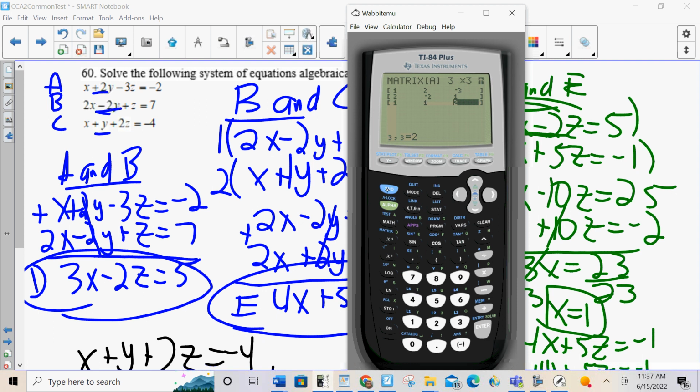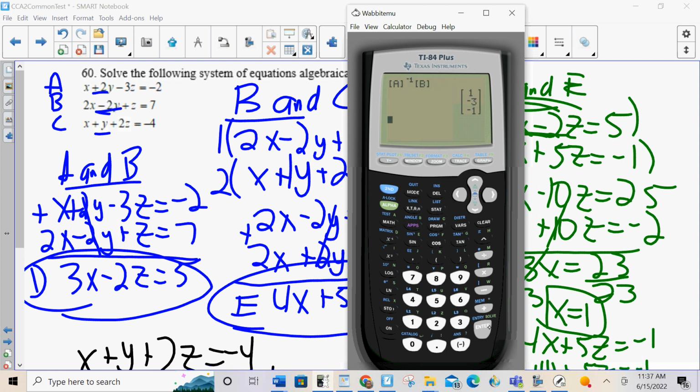Second matrix, edit, B, 3 by 1 always: negative 2, 7, negative 4. Second quit, second matrix, A, inverse, multiply by B, and there are your answers.